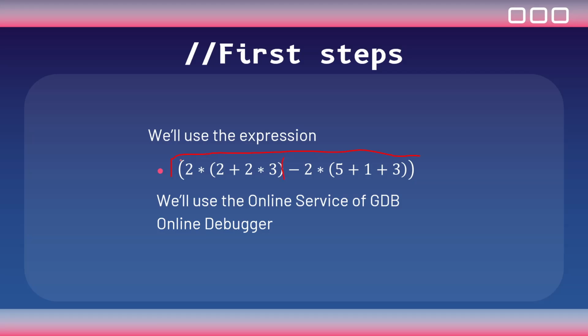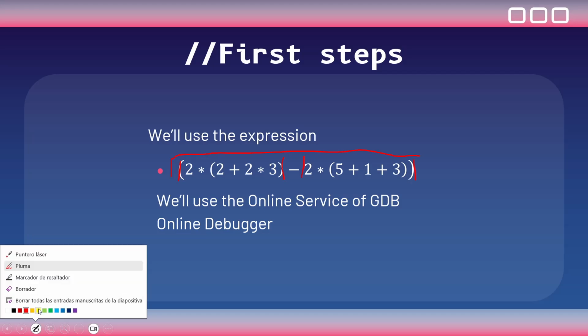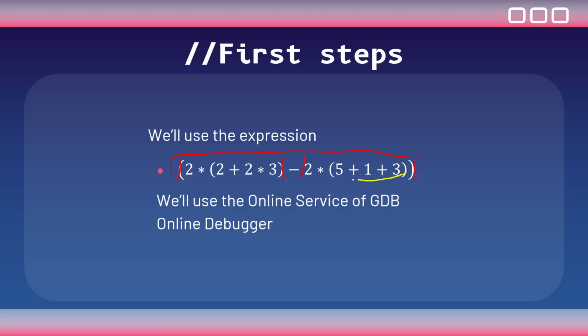This is an expression by operations hierarchy, and this is another operation by operations hierarchy. So we have 2 times parentheses 5 plus 1 plus 3. So we'll review the terms. What are our terms? Our terms are these, and the complete term is this.